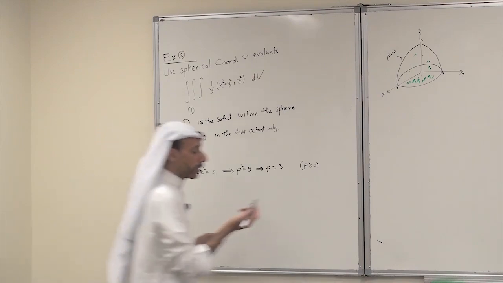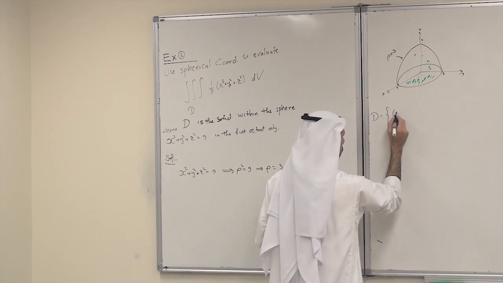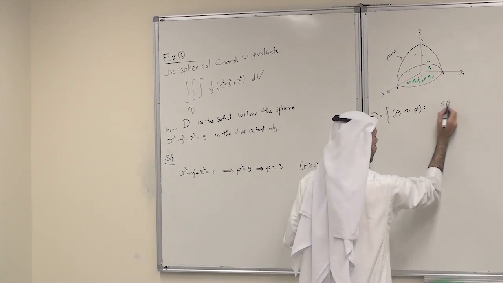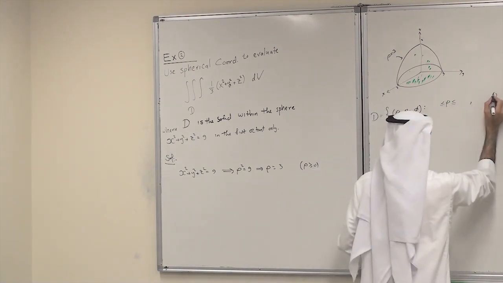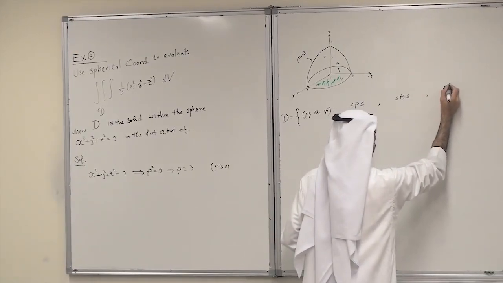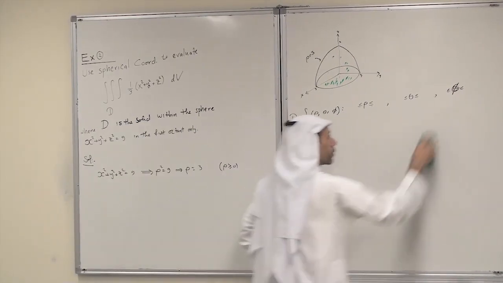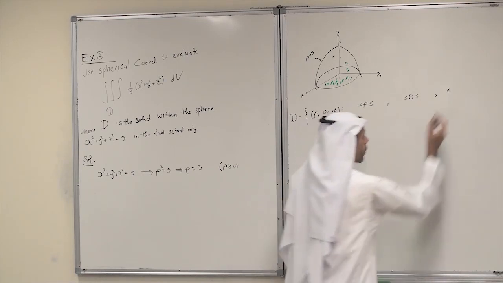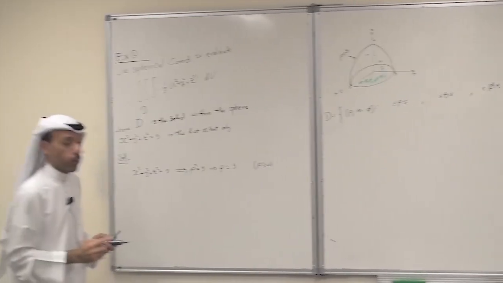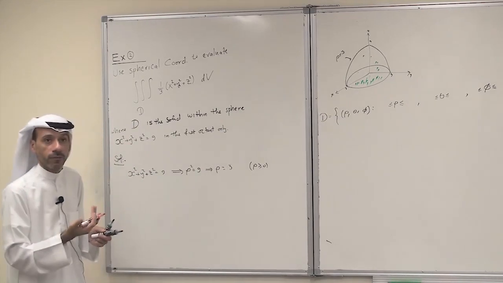So let's describe D in spherical coordinates: rho, theta, and phi. We need to find the limits of rho, theta, and phi. For rho, we take a ray from the origin, and we check where we enter the solid and where we leave the solid.